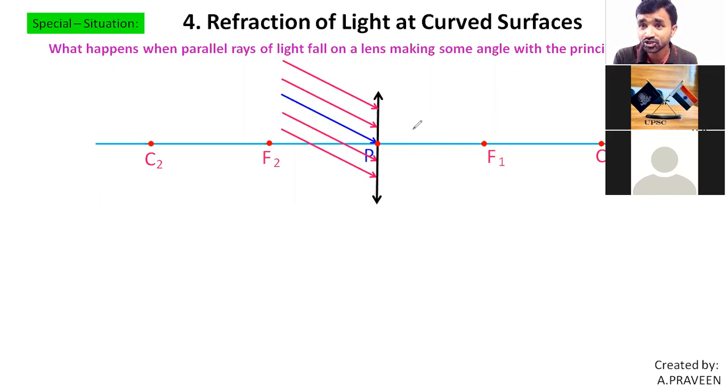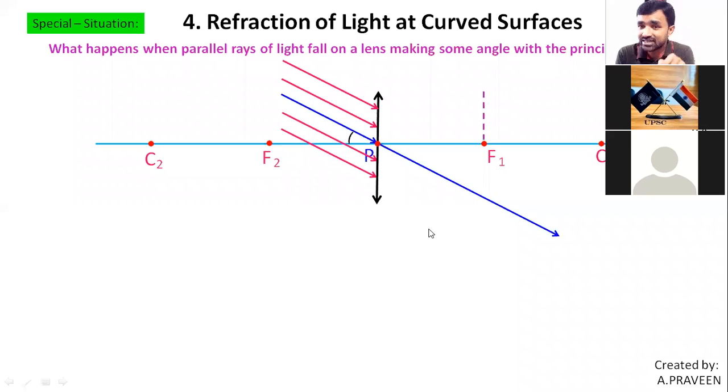So what happens to these light rays after refraction? Are they going to meet each other or not? For this, I am extending this blue light ray without any deviation. Why? It is passing through the optic center, so it remains undeviated. Then what about the remaining light rays?